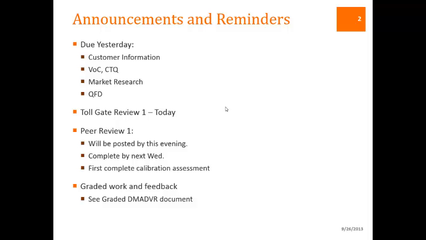The idea is to try to avoid giving everybody 5s just to be nice, but to actually give feedback that is useful in making your team members better team members for both this semester and for the future. The peer review one will be due next Wednesday, so try to fill that out before then.